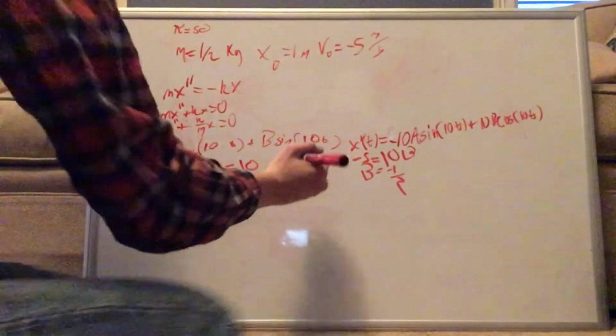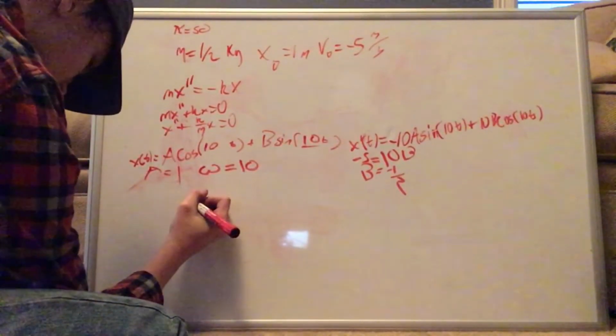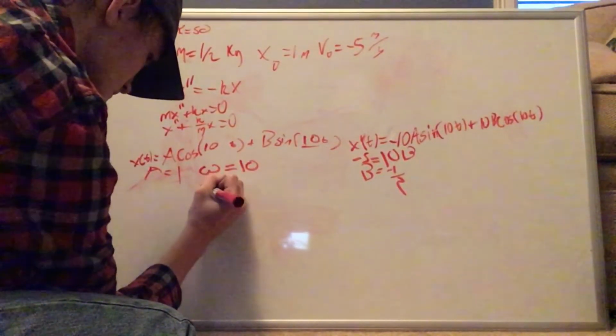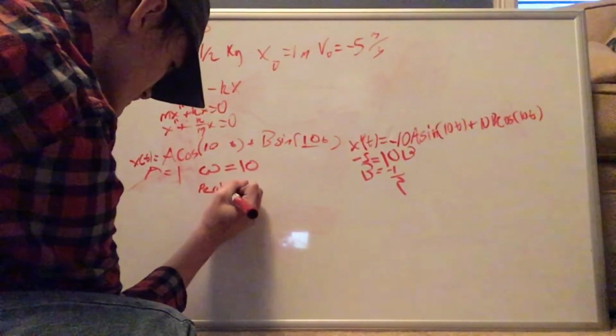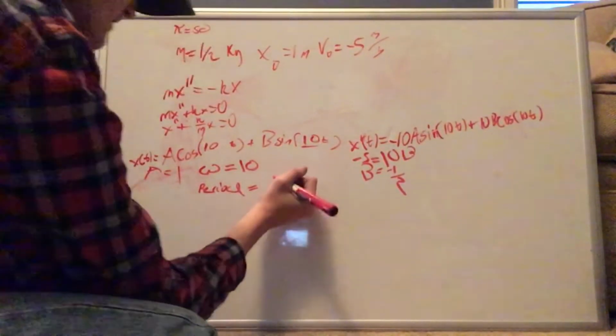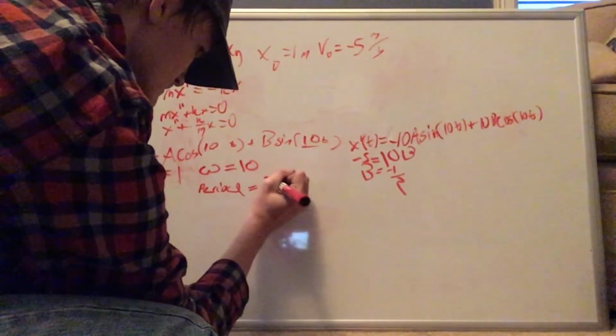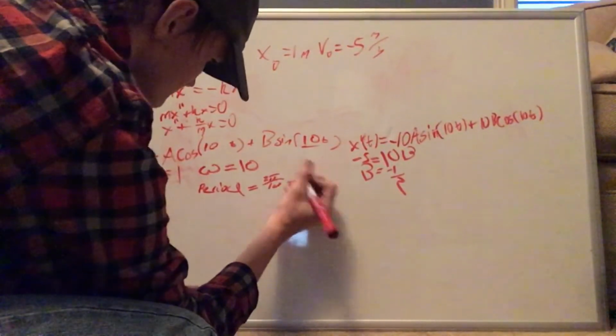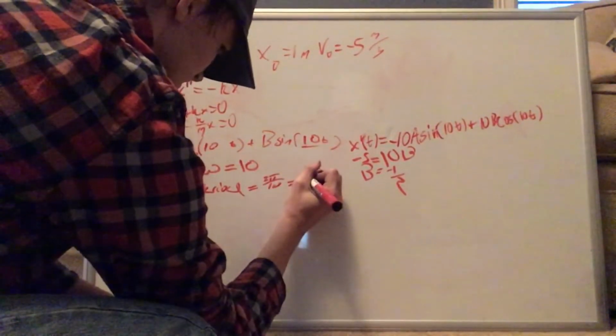The period equals 2 pi over 10, which is equal to pi over 5.